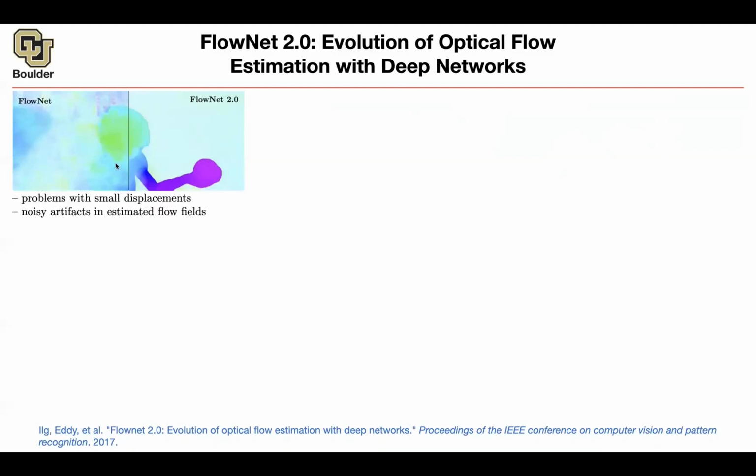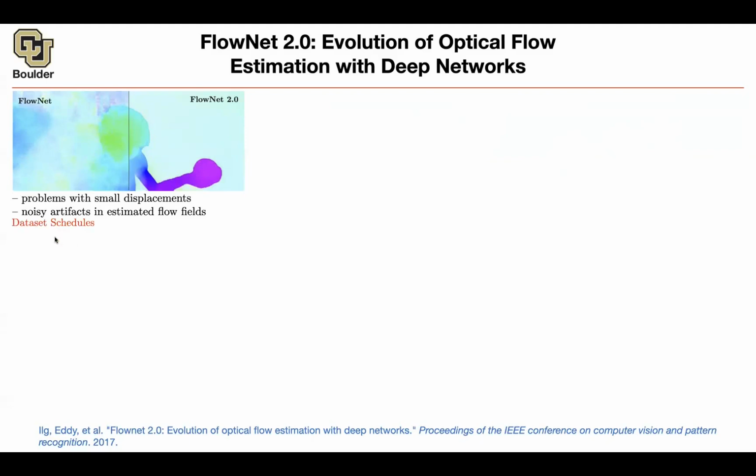We are trying to improve upon FlowNet 1 and solve these two problems. One is that you have some problems with small displacements. When something is moving slightly, you are not able to approximate its flow correctly. The other one is that you have these noisy artifacts in your flow estimation coming out of FlowNet.